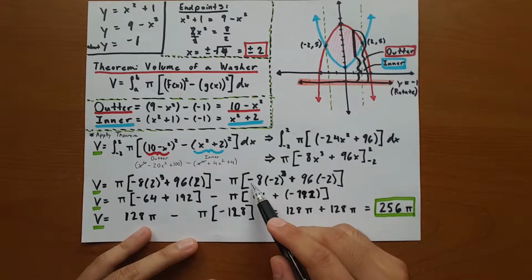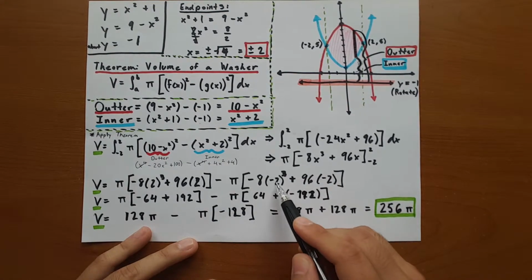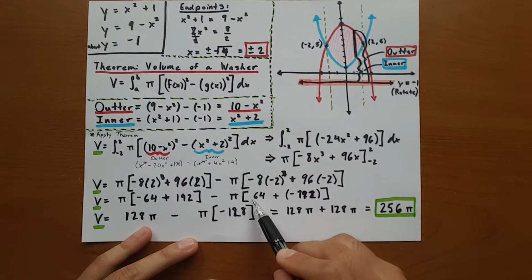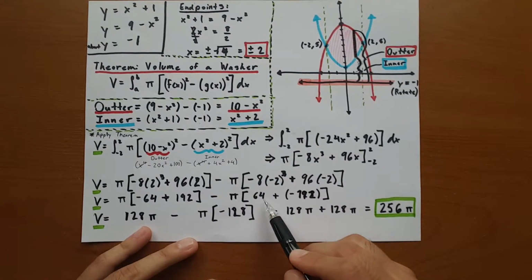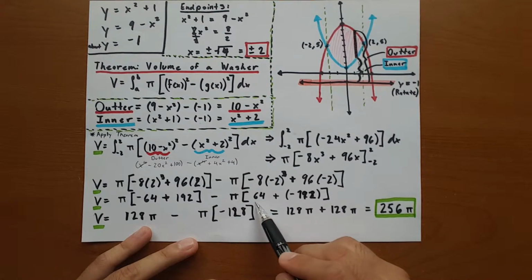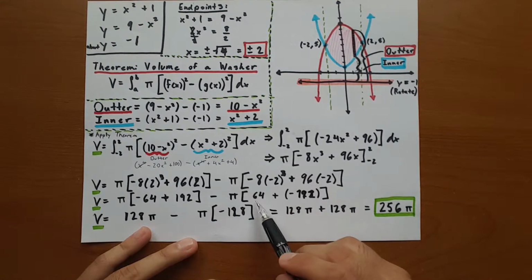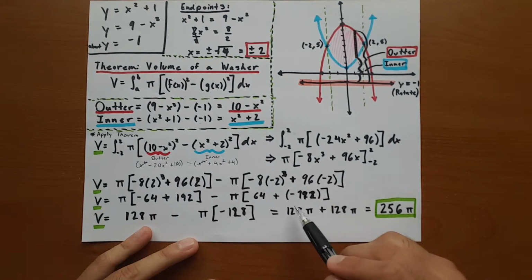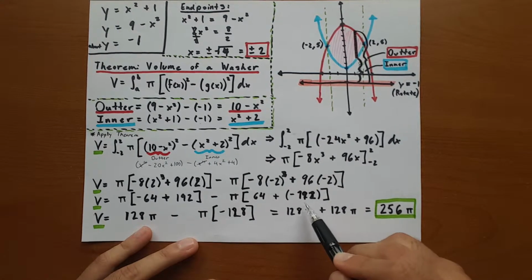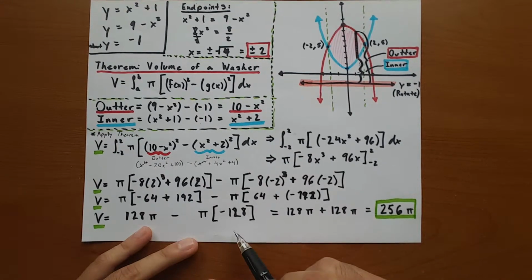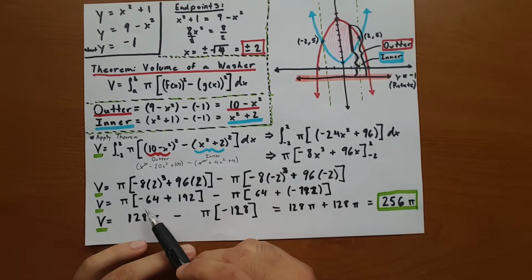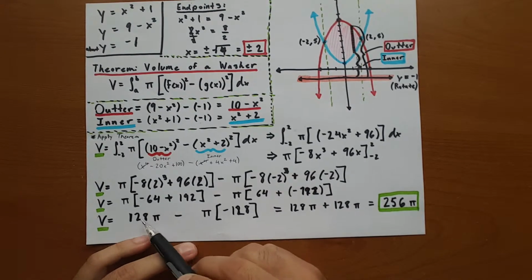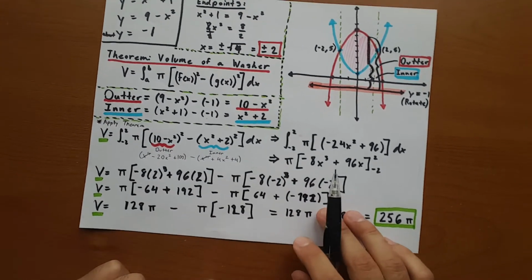So it's going to be -8 times negative 2 to the third, which is still going to stay negative, so a negative and a negative become positive. So we still have the same magnitude, it's just going to be positive, so 64. And then we have 96 times negative 2, which just comes out to negative 192. So right here we're taking negative 64 and adding it to 192, which is 128.